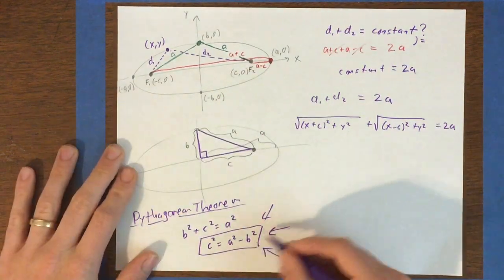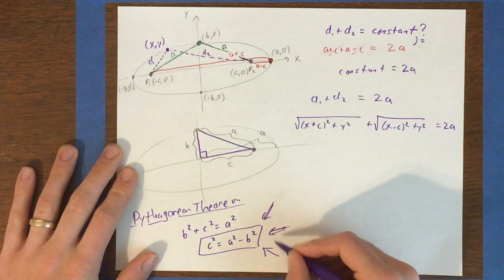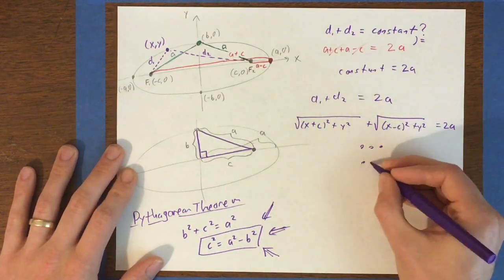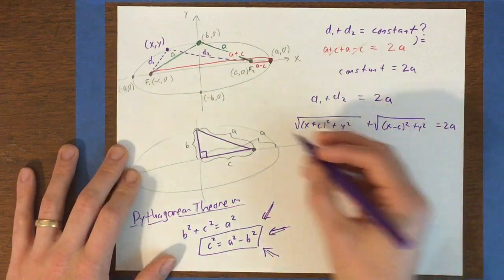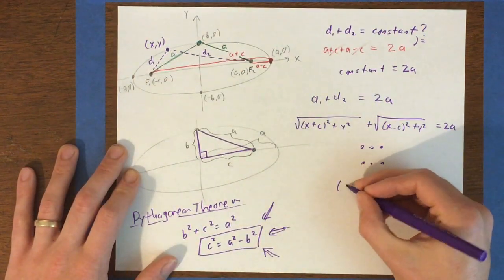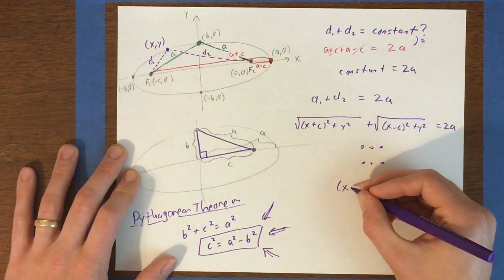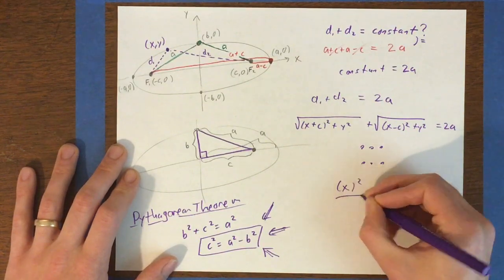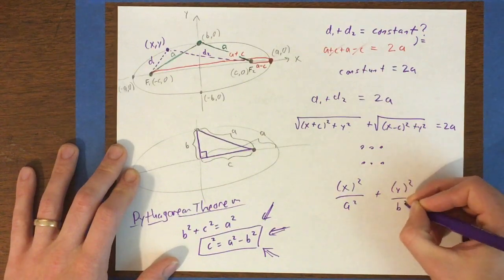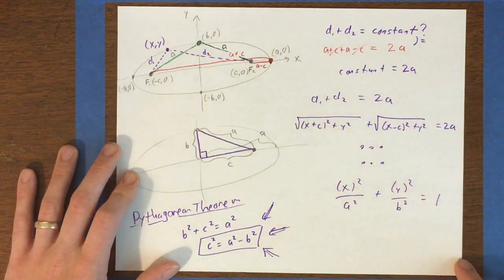And then combined with this relationship here, you can do a bunch of algebra, which I'm not going to go through in this video, and actually, starting from that information alone, arrive at the same equation: x squared over a squared plus y squared over b squared equals 1.